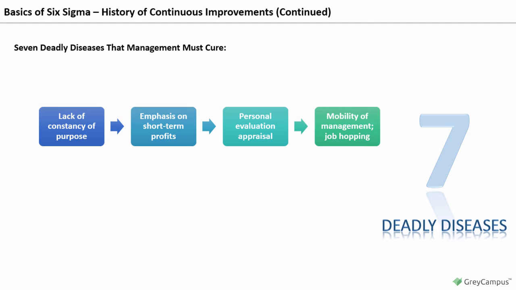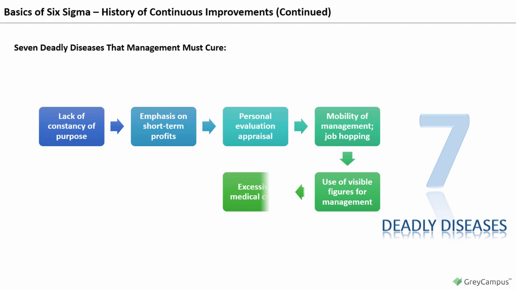Mobility of management or job hopping. Job hopping or unstable management leads to unclear directions amongst the employees and creates an atmosphere of insecurity amongst all. Use of visible figures for management. Decisions which are taken on hunch with little or no consideration of figures that are unknown or unknowable is a major mistake that management may commit. It needs to be avoided. Excessive medical costs. Most management teams have a reactive approach as compared to a proactive approach.